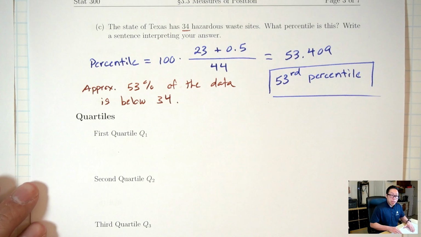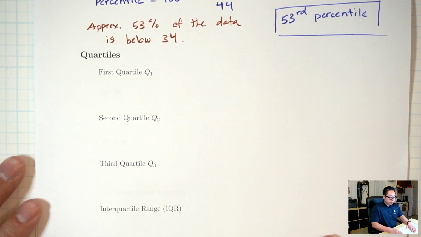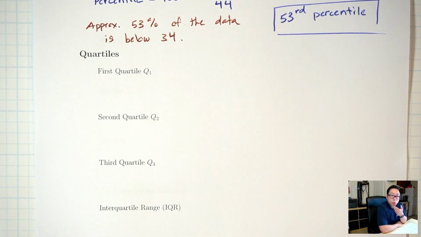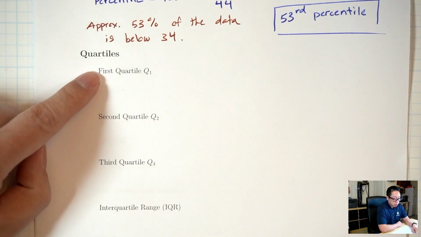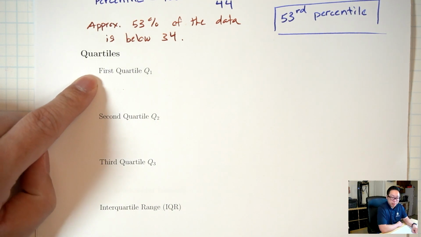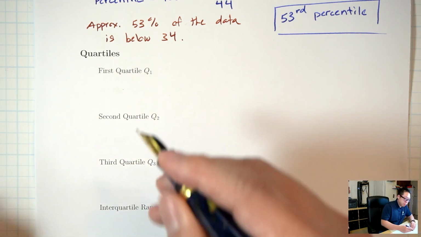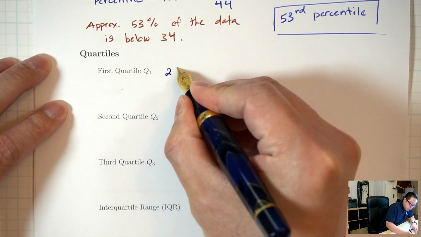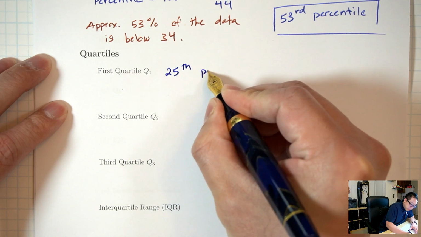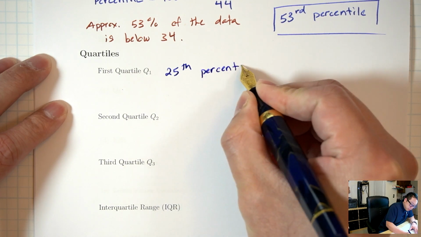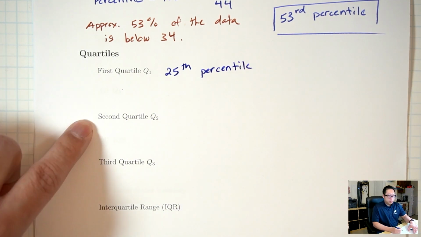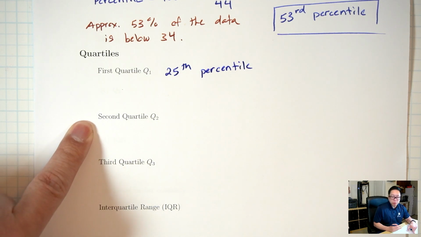Okay, next up is quartiles. Quartiles sounds like quarter. A quarter is 25 cents. First quartile is just the 25th percentile. Second quartile, 2 quarters, is 50 cents.